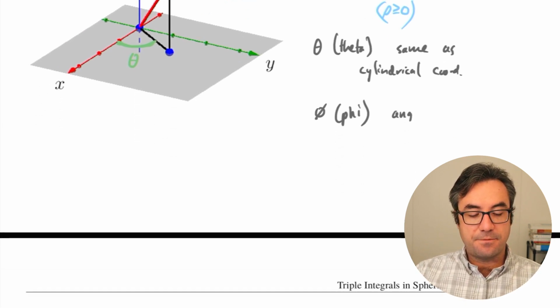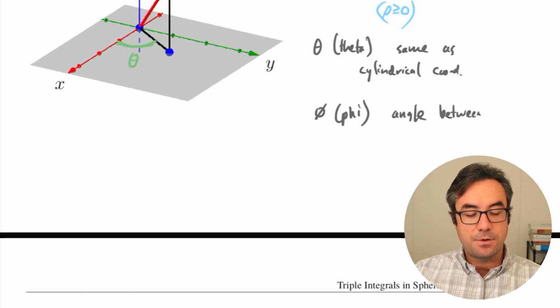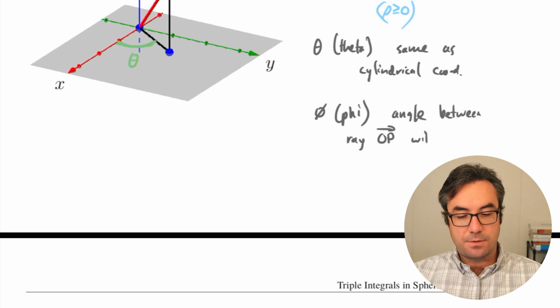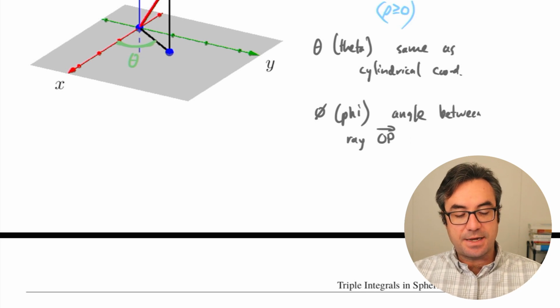Phi is going to be the angle between the ray connecting the origin and the point P and the positive z-axis.